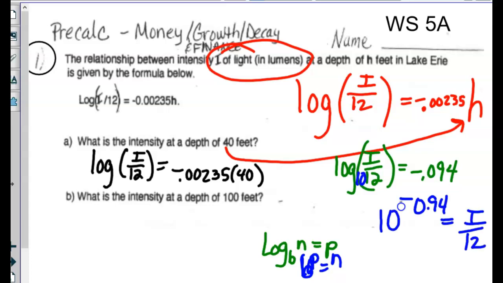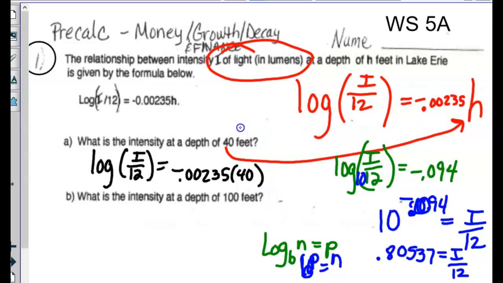10 to the negative point. Oh, I left a 0 out. Sorry. The decimal's here. I got 0.80537. And then what would I need to do still? Multiply it by 12.